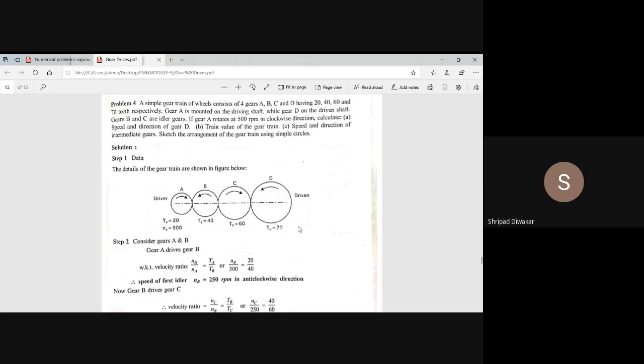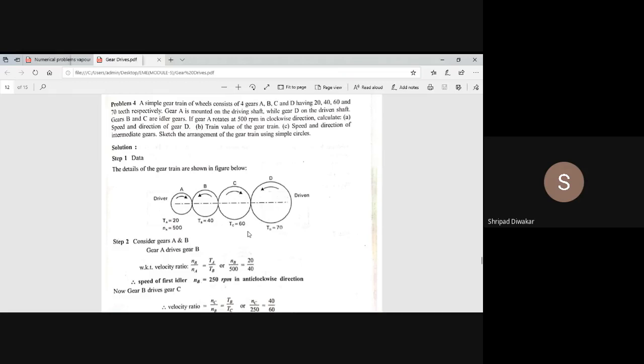You remember, the first gear is always the driving gear, and the last gear is always the driven gear. Whatever gears we have in between A and D are known as intermediate gears or idler gears.